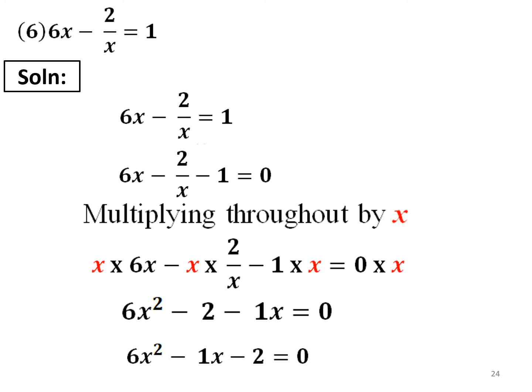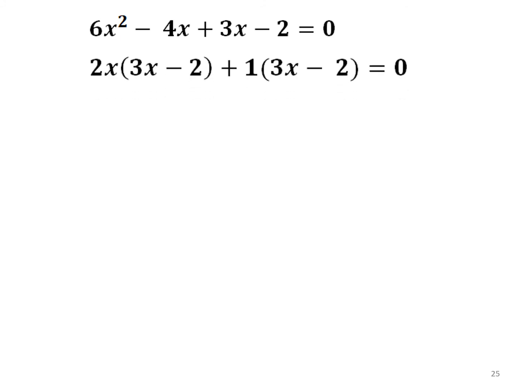The two numbers are nothing but 4 and 3. 6x² − 4x + 3x − 2 = 0. From 6x² and 4x, the common term is 2x. So 2x(3x − 2) + 3x − 2, nothing is common, so we take 1: 1(3x − 2) = 0.